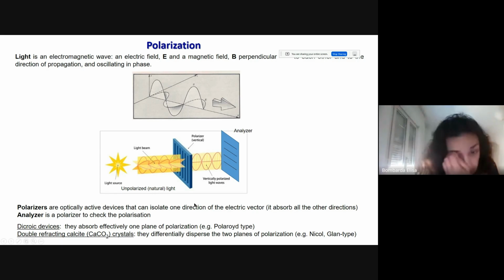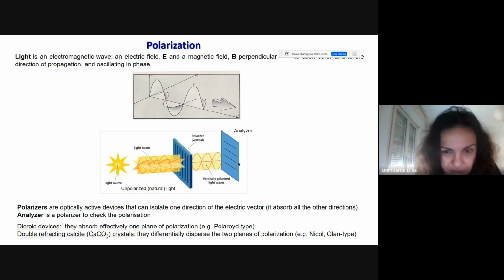And then we can use another polarizer, and that is normally called an analyzer. And if it is oriented differently, then it will not let pass the same direction of polarization, and so practically afterwards it is black, you don't have anything else.